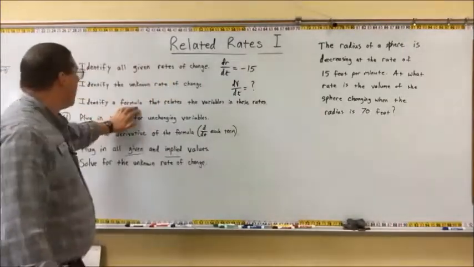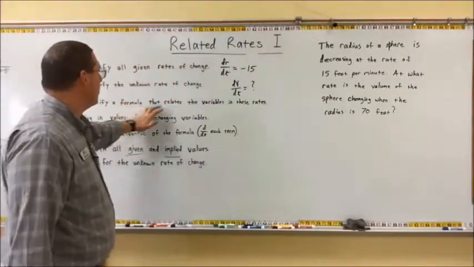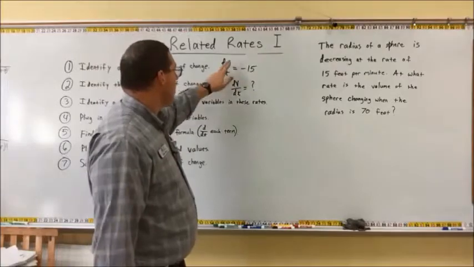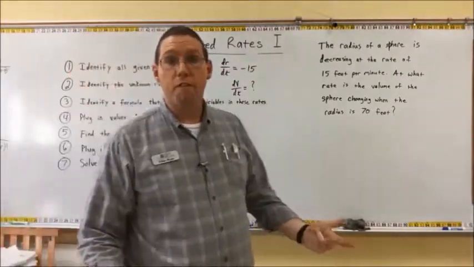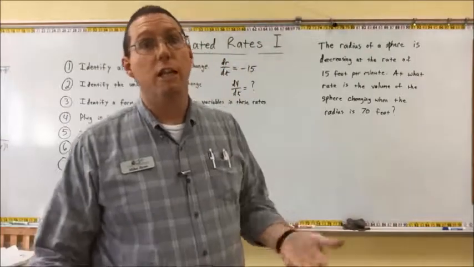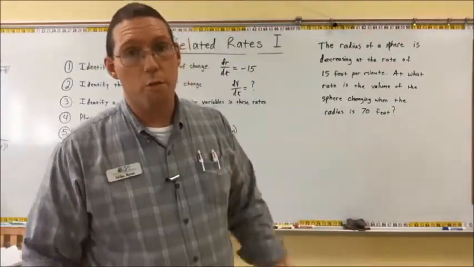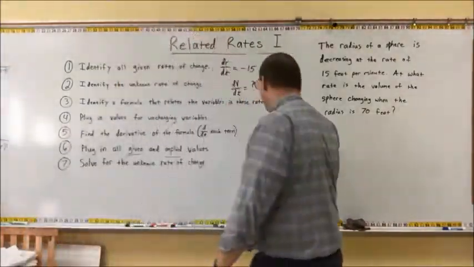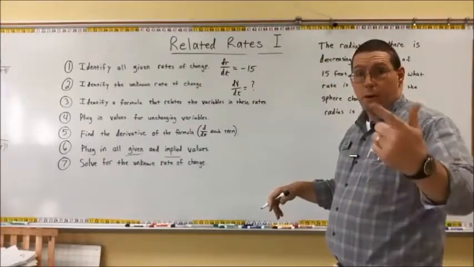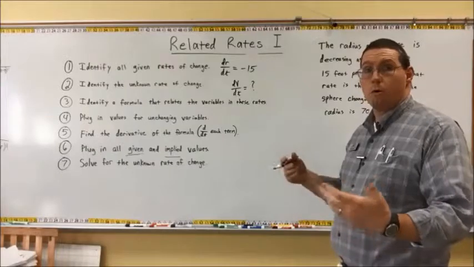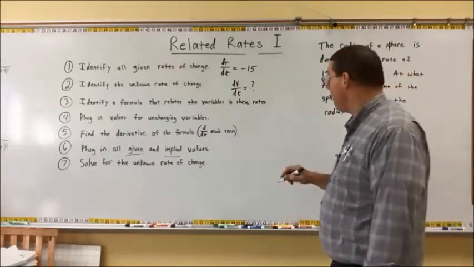Now we're going to identify some mathematical formula that relates radius to volume of a sphere. Well, the formula for the volume of a sphere actually includes radius. So we're going to use that formula. And the formula for the volume of a sphere, you could pause the video and go look up the formula, or you can just wait for me to write it on the board right now.